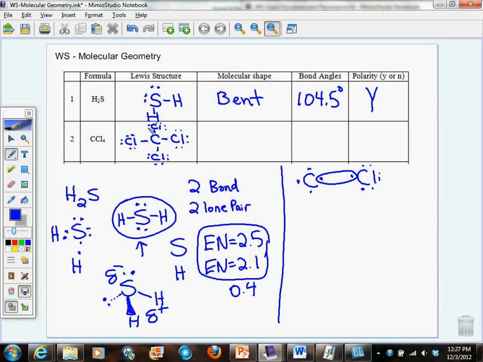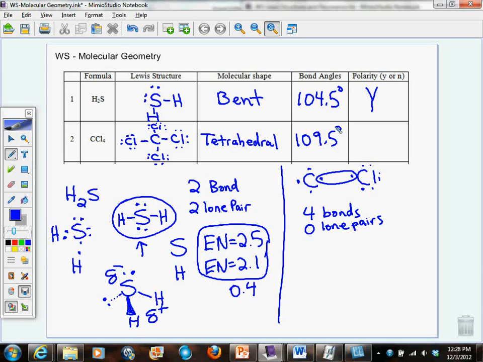Now the shape for this, on the carbon we have 4 bonds and 0 lone pairs. The shape for this will be tetrahedral. And since there's no lone pairs, this is going to take the standard tetrahedral bond angles of 109.5 degrees.